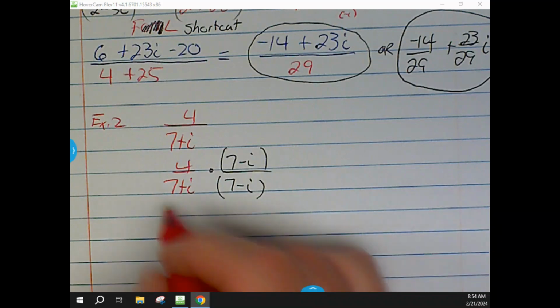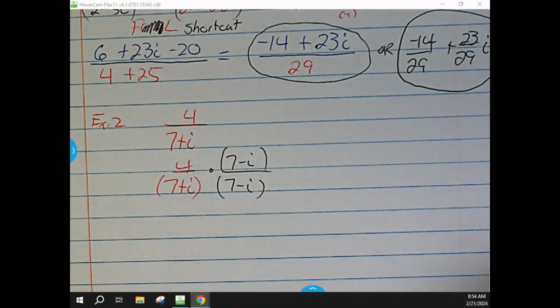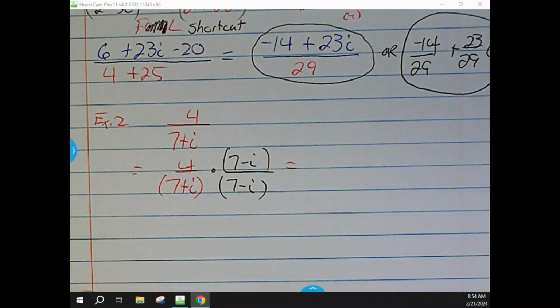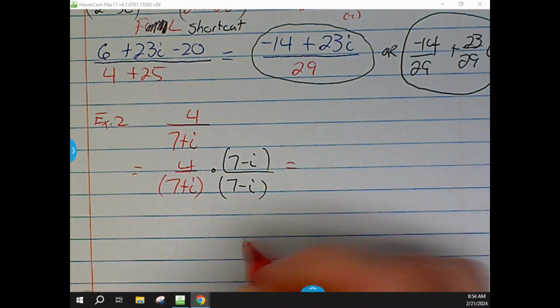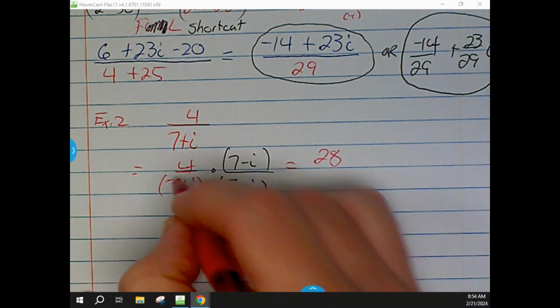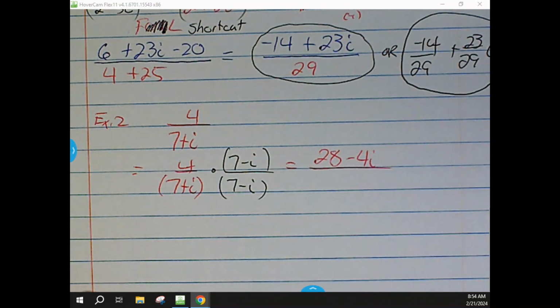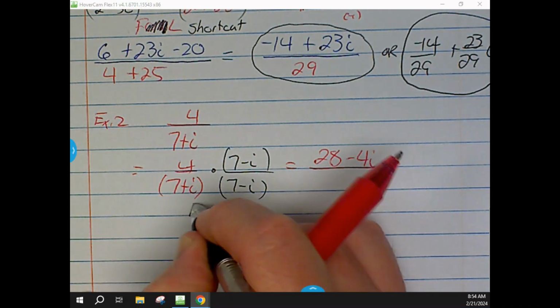And again, over here, even though they don't have it written with parentheses, you can put parentheses there. With just the one term, we don't need the parentheses. So we can kind of leave that one off. Okay, up here, not really much to do. It's 4 times 7 for 28. It's 4 times negative i, so it's a negative 4i. Okay, bottom part again, you get to do the FLA shortcut.